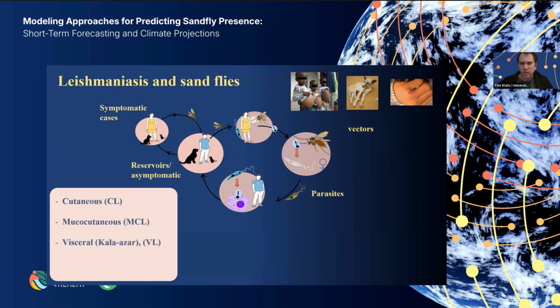And the disease can be in one of three forms: the skin form, which is cutaneous leishmaniasis, and mucocutaneous. I didn't bring any example for it. And also visceral leishmaniasis, which is an internal disease of the organs. And besides that, there are also many viruses that can be transmitted.